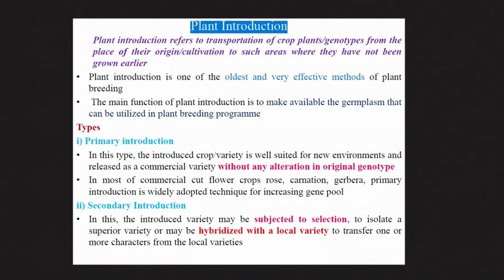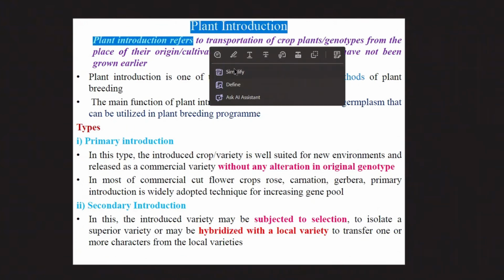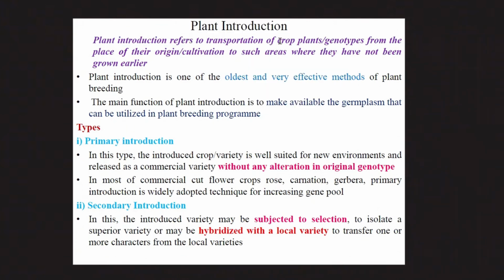Introduction is referred to as the transportation of a crop plant genotype from one place of original cultivation to an area where it has not been grown before. For example, the plantation of potato in India, which we take from another country, and some other examples are also there.